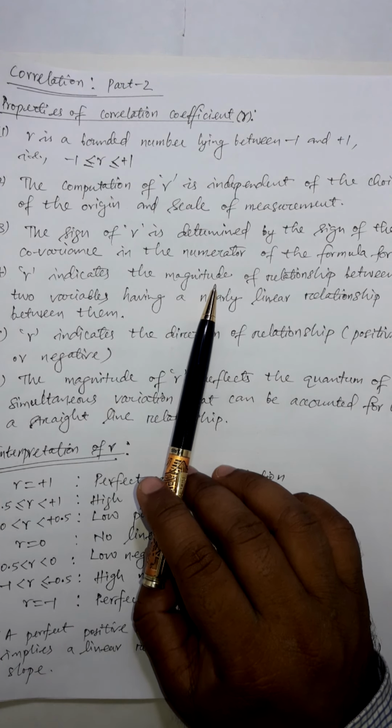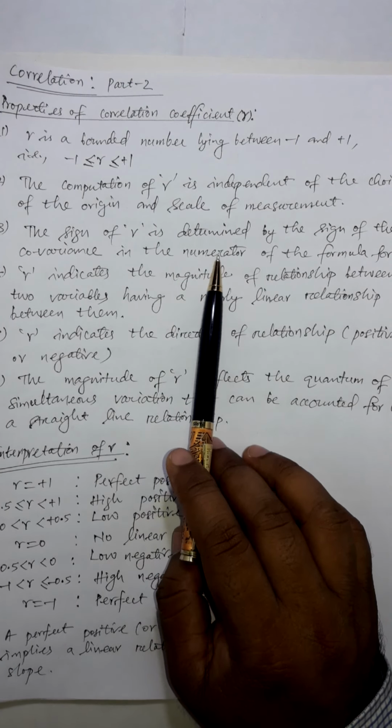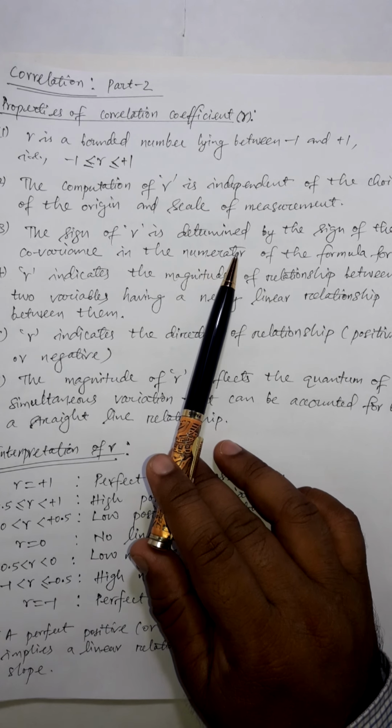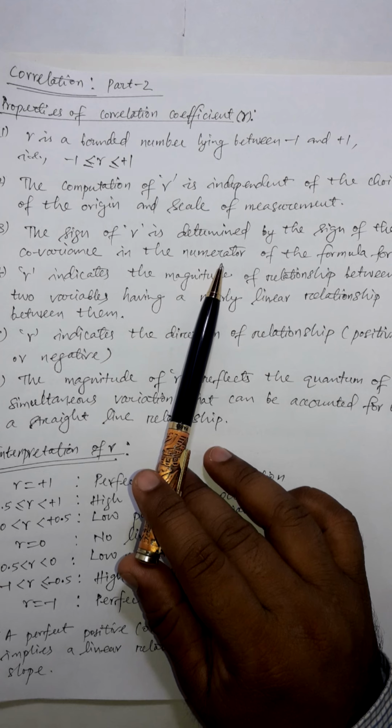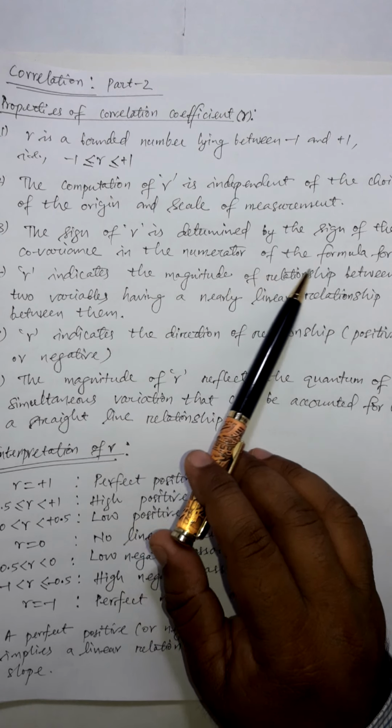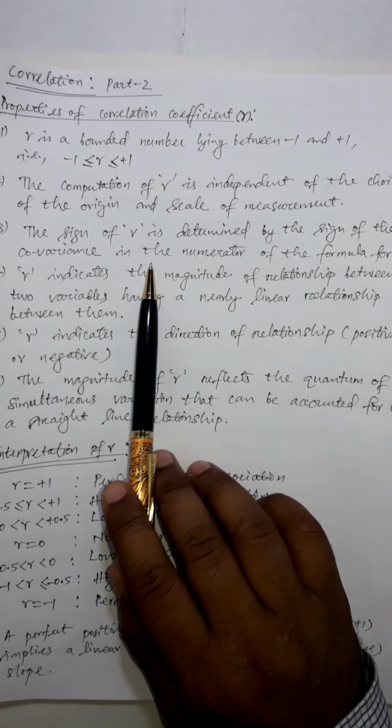So whether the correlation coefficient will be positive or negative depends on the sign of the covariance, which is placed in the numerator of the formula of the correlation coefficient.